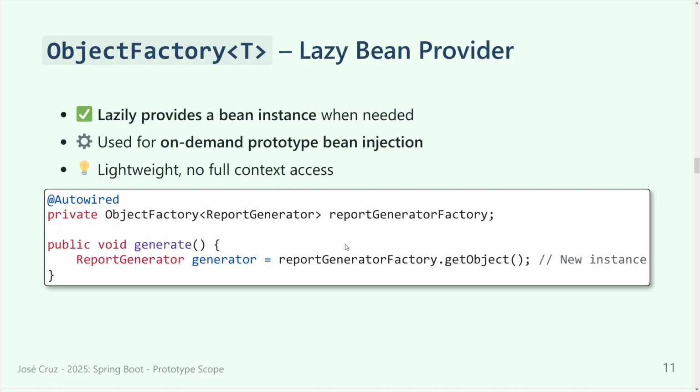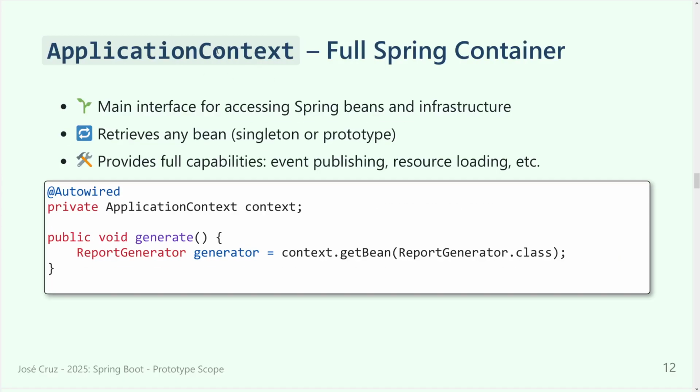Here, no, it's a factory that was created specifically for these beans. So when we get the object, it will provide me an instance of this bean, if it's necessary, if this bean is a prototype. If it's a singleton, of course, it will return the same instance. But that's one of the differences between ObjectFactory and the application context.